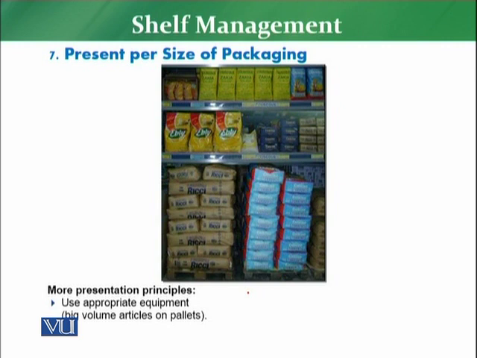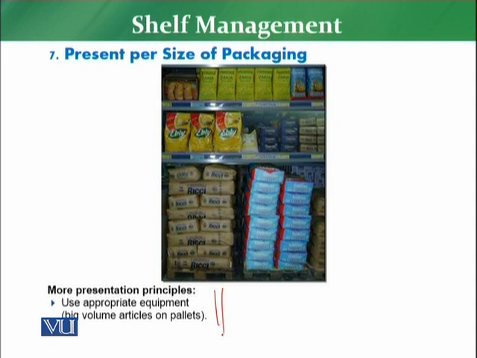The principle to follow is that articles which are bulk articles, big volume articles, big size articles or big packaging articles should be presented on proper pallets. If they can be easily accommodated on the shelf, perfectly fine. If they're not easily accommodated on the shelf, then they should be placed on the proper palletized area.